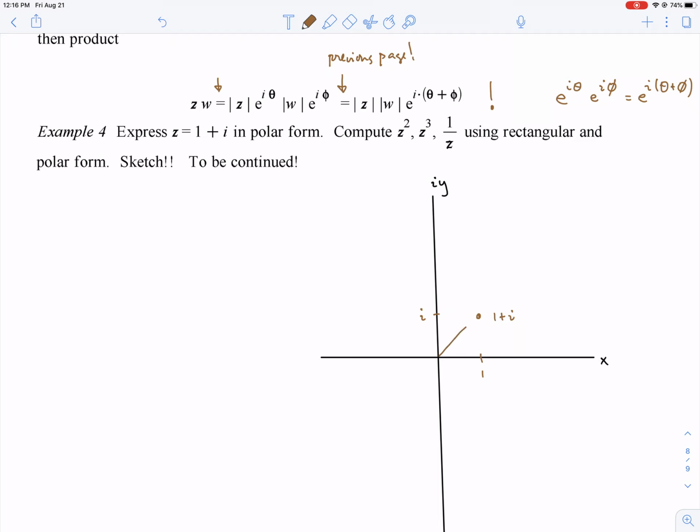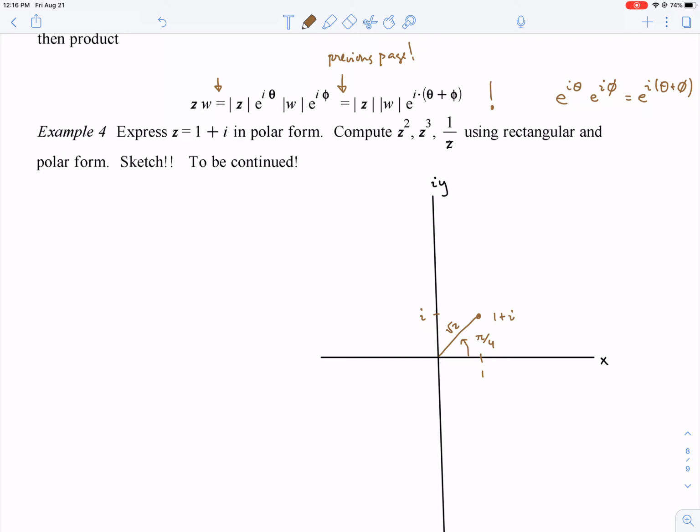Its absolute value is square root of 1 plus 1, which is root 2, and its argument is pi fourths. It's the polar coordinate angle.